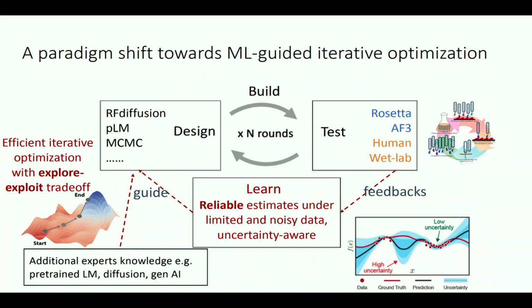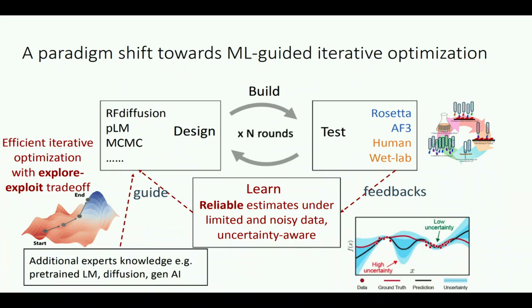In our case, it could be human evaluation or lab evaluation, or even running the Rosetta energy function, or molecular dynamics, which is not very cheap. Even if you run everything in silico, it could still take a very long time to get what we want. The more accurate we want, the longer it can take. And in terms of design, we're also using a lot of generative models that help us do some data-driven approach to come up with a good prior on what space we want to search.